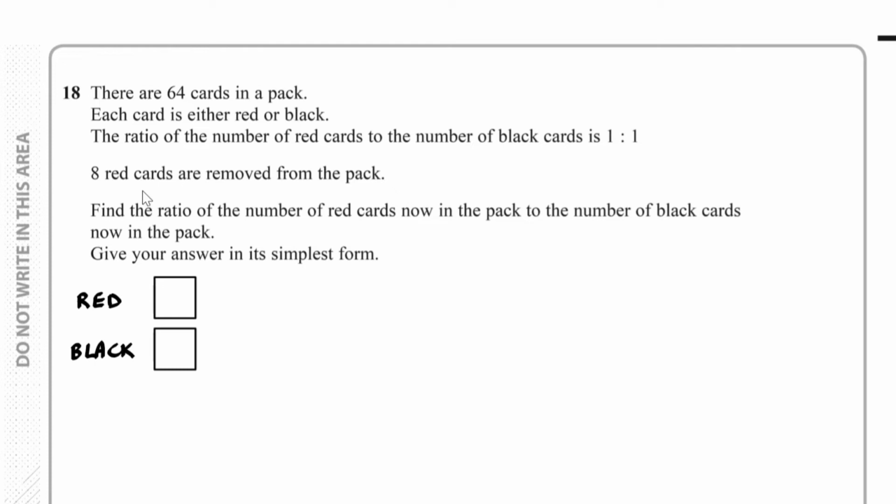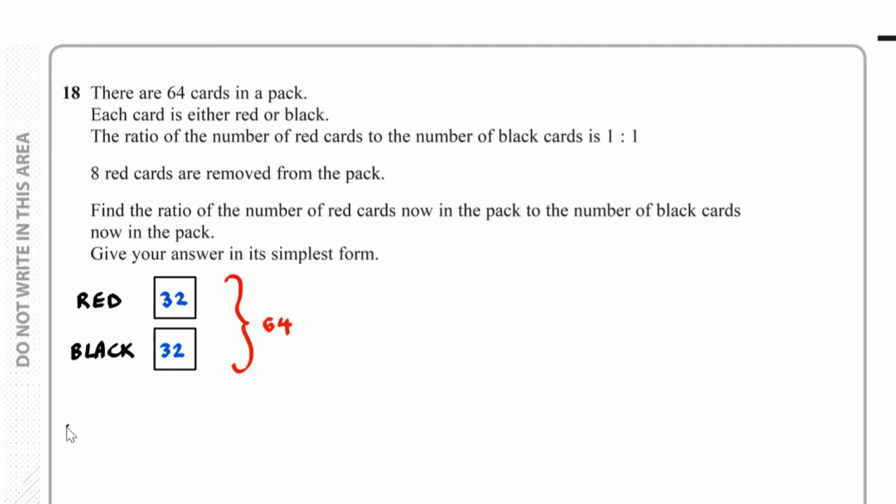Well, if we draw a bar model, we've got the ratio of red to black being 1 to 1. And what we have altogether is 64 cards in total. So each part is worth 32. So we've got 32 red, 32 black.